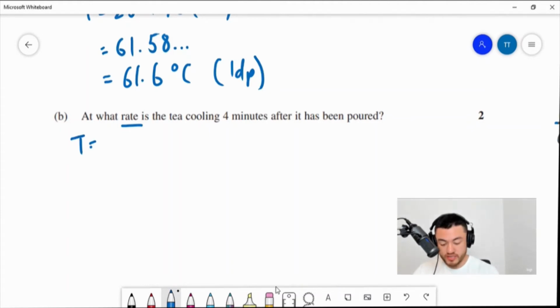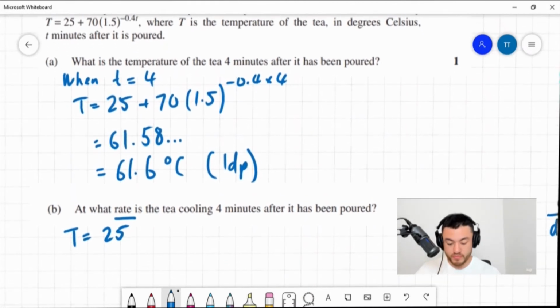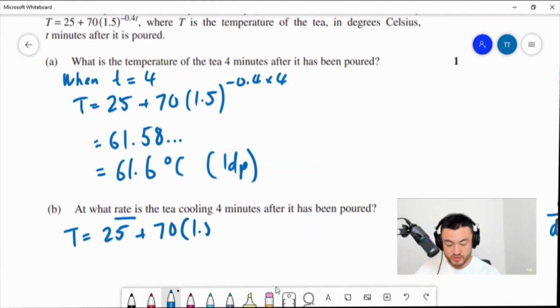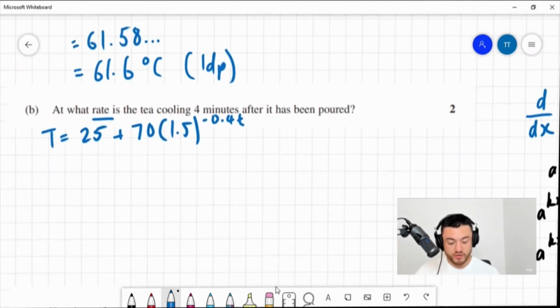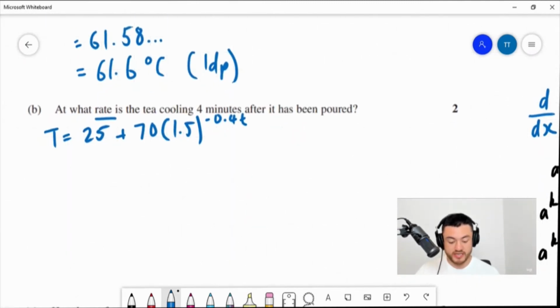Capital T is equal to 25 plus 70 times 1.5 to the power of negative 0.4 t. We should bear in mind that what we just did over there on the right, the k is going to act like our negative 0.4. So we are trying to find dT/dt.